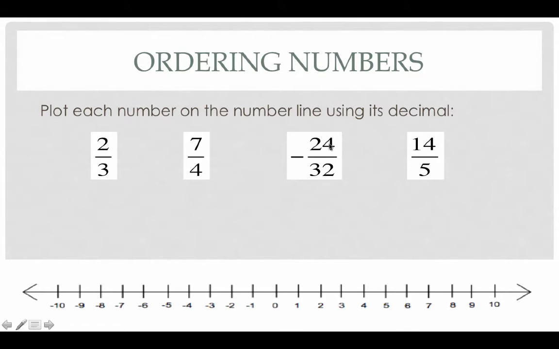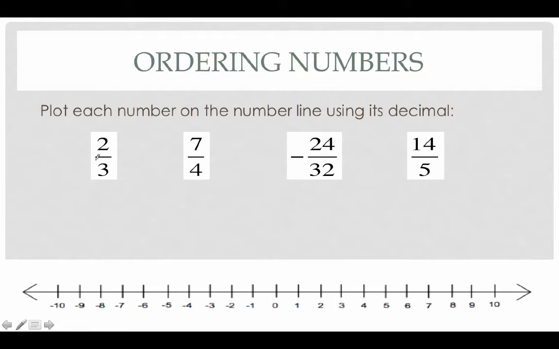Let's plot each of these numbers. These are all rational numbers on the number line. Figure out where it goes, and we'll use its decimal. So converting fractions into decimals is as simple as using your calculator. This is 2/3, but I also can think of it as 2 divided by 3.